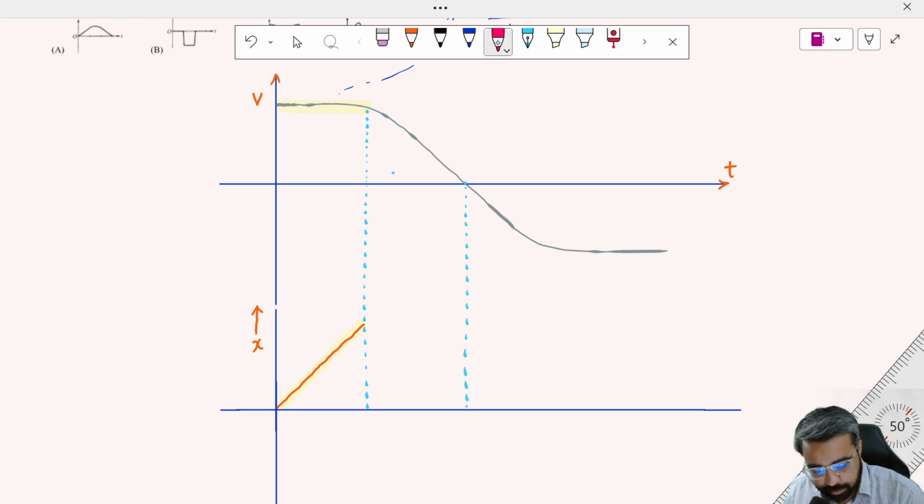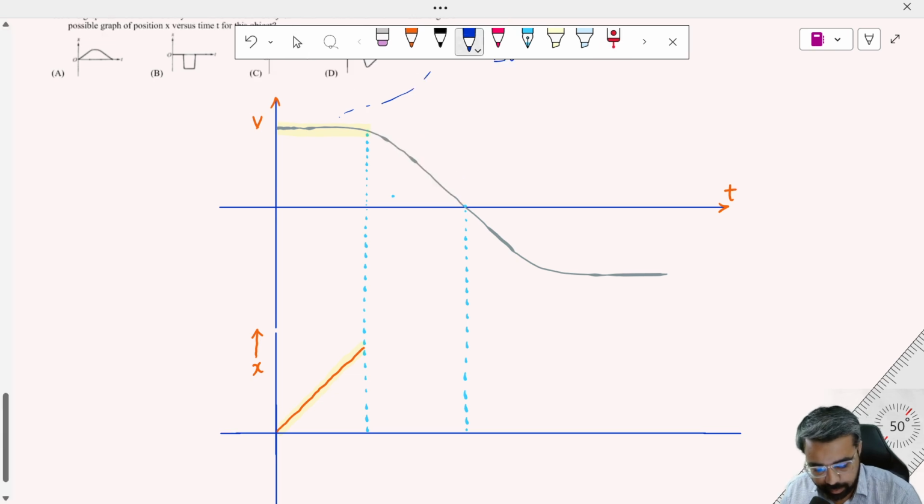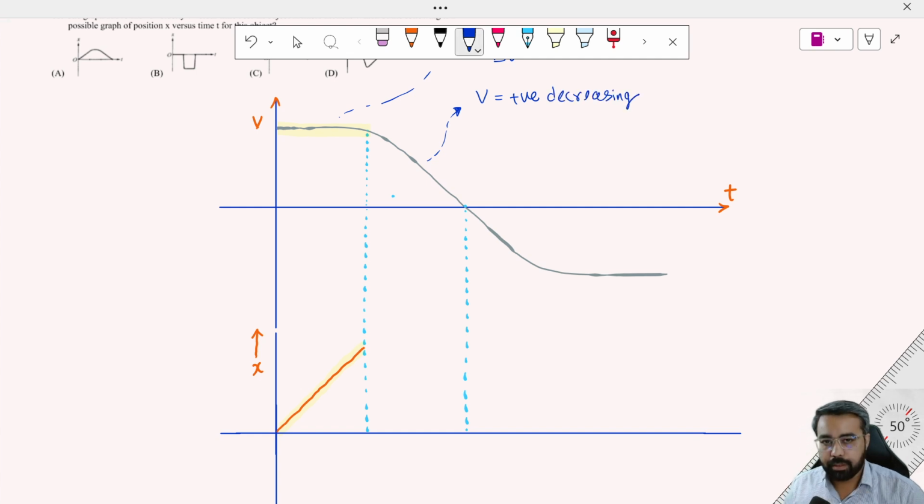Now let's talk about the second segment of the motion, which is previous to this time. We see that the velocity during this is positive and decreasing. Let's write it here. What we have observed is that the velocity is positively decreasing. It means that the position time graph cannot be a straight line because the slope is changing.